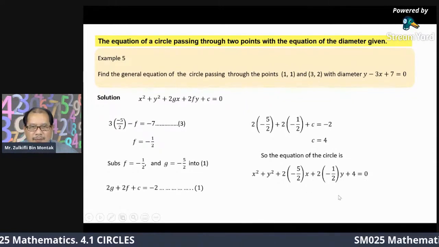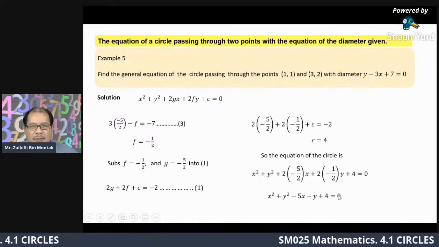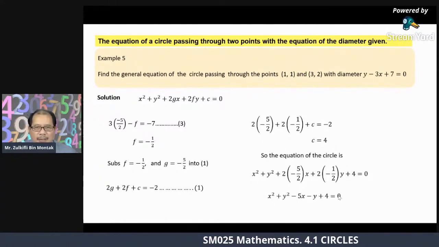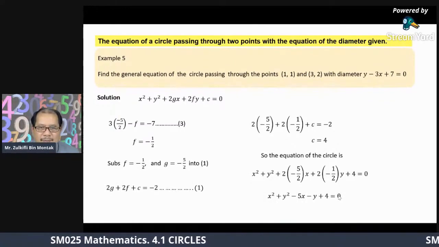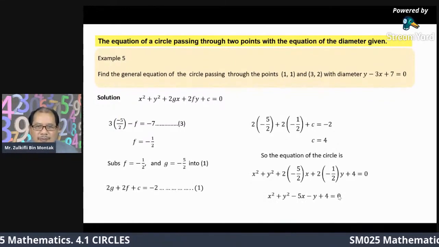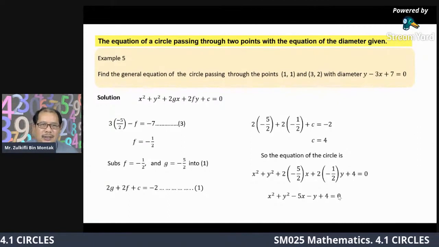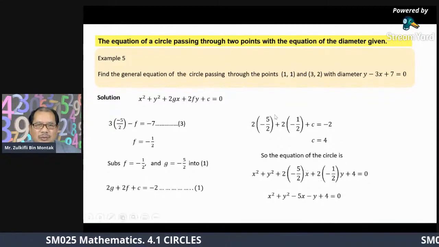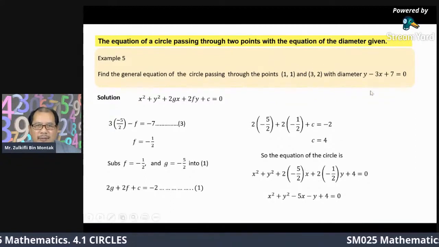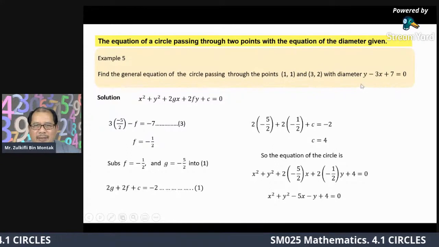Now we simplify. We get x squared plus y squared minus 5x minus y plus 4 equals 0. This is the general equation of the circle passing through 3 given points.